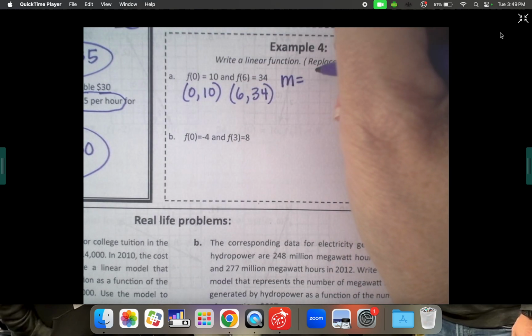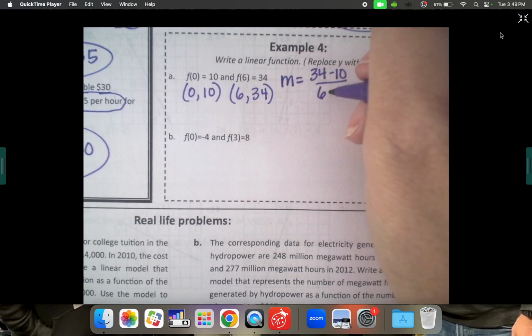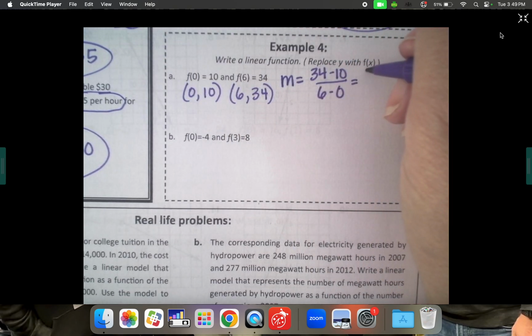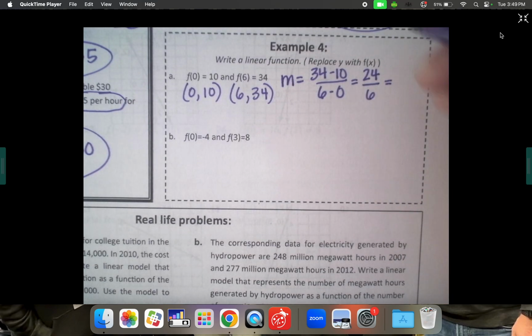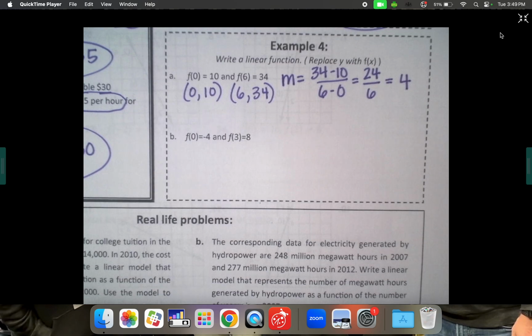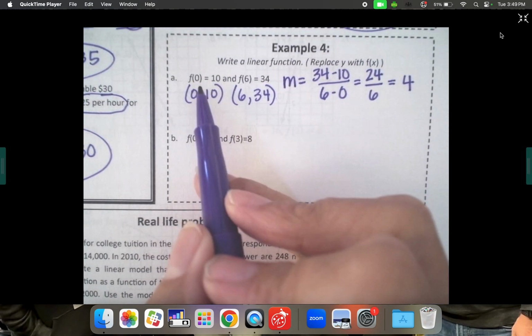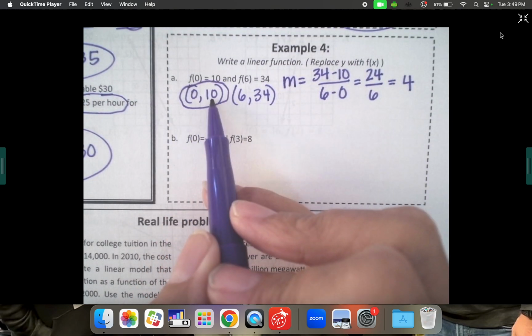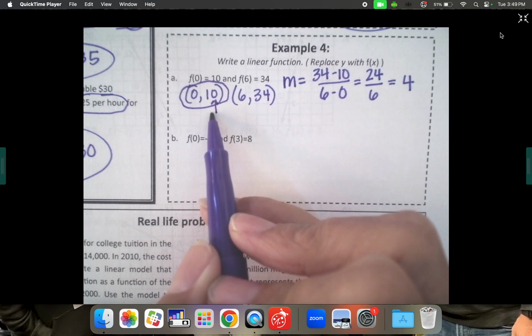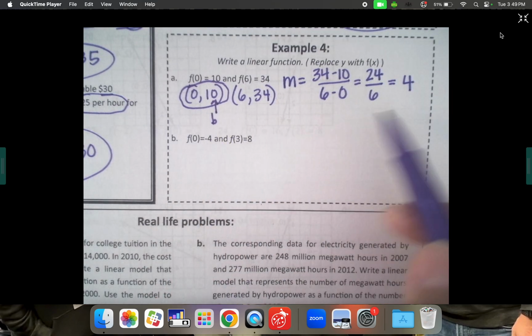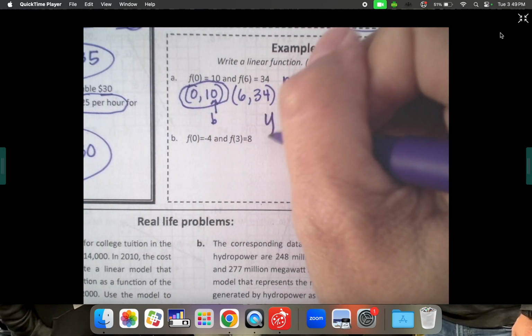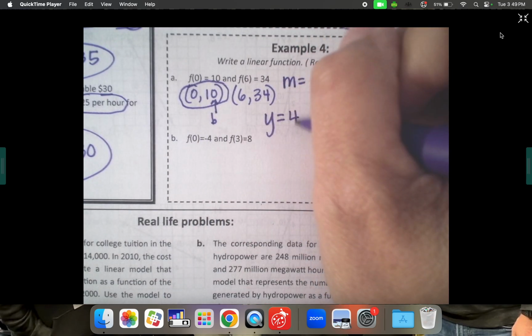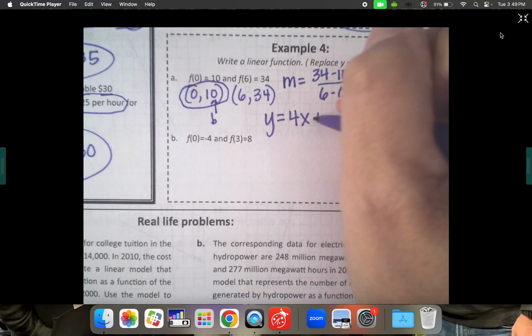So 34 minus 10 over 6 minus 0. 34 minus 10 is 24. 6 minus 0 is 6. 24 divides evenly by 6, and that is 4. So I was lucky and gave you a 0 comma something, which means that is your y-intercept. That's your b. So let's put together our m and our b into a whole equation. Y equals 4x plus 10.